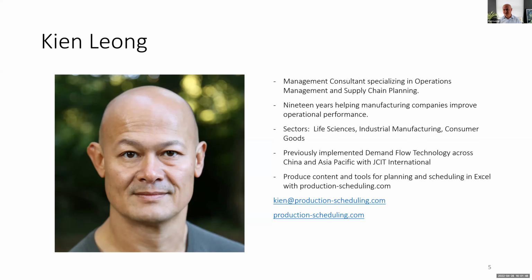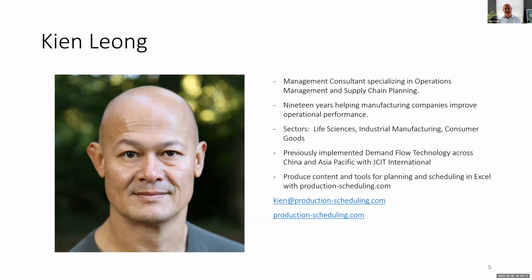Okay, hello everyone. For those of you who don't know me, my name is Kien Leong. In contrast to Nicola, who is very clear and focused on what he does with demand forecasting and inventory optimization, I tend to have a bit of a broader scope and don't go as deep into any one area.